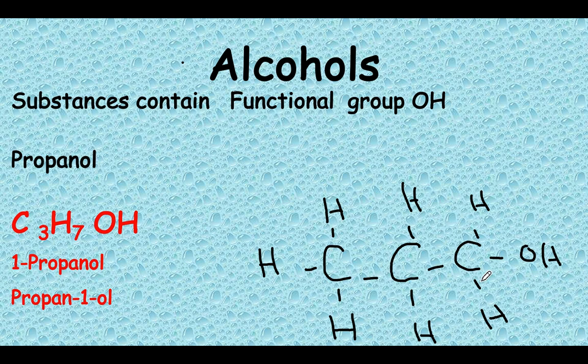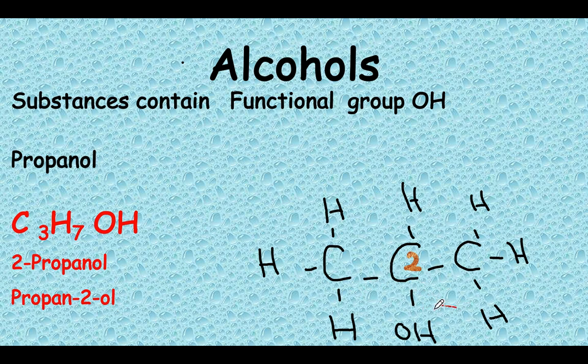Here we have to know the OH is bonded to what? To the first carbon atom or the second carbon atom or the third? If it is connected or bonded to the first carbon atom, we call it 1-propanol, or propan-1-ol. And if it is bonded to the second carbon atom, this compound will be called 2-propanol or propan-2-ol.